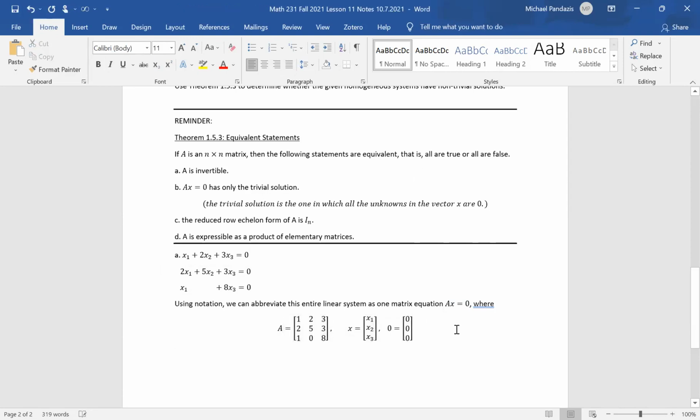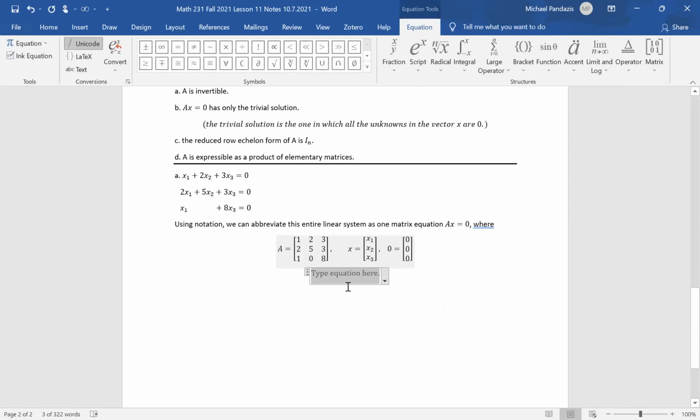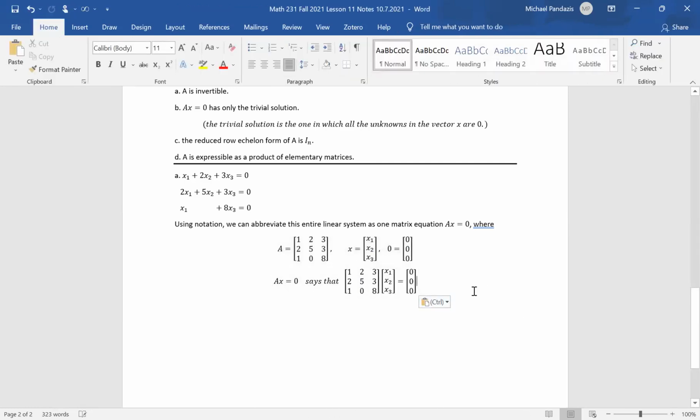What you can see is that if you multiply out these matrices, and to explain again what that equation says, it says that if you take this matrix, which I'm defining as A, and multiply it by this matrix, the vector x, it equals this 0 matrix.